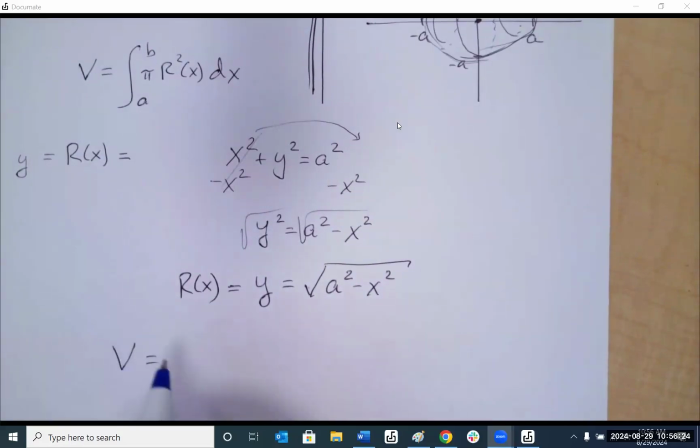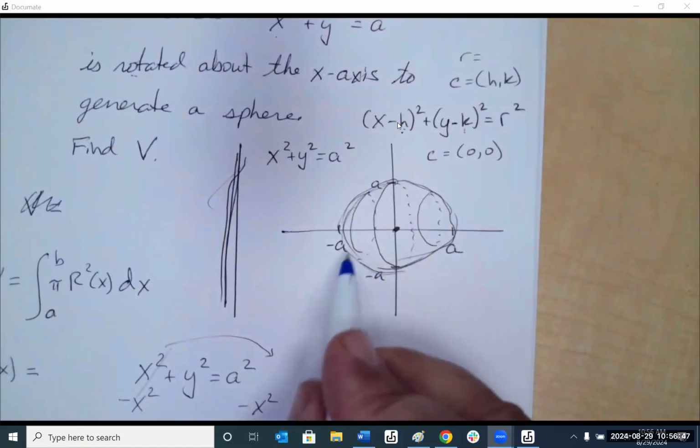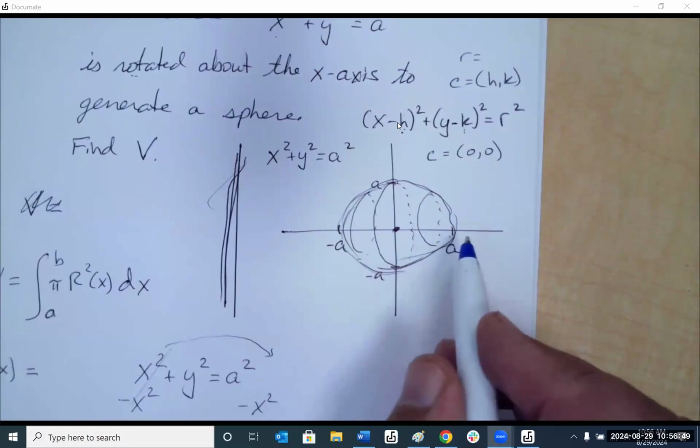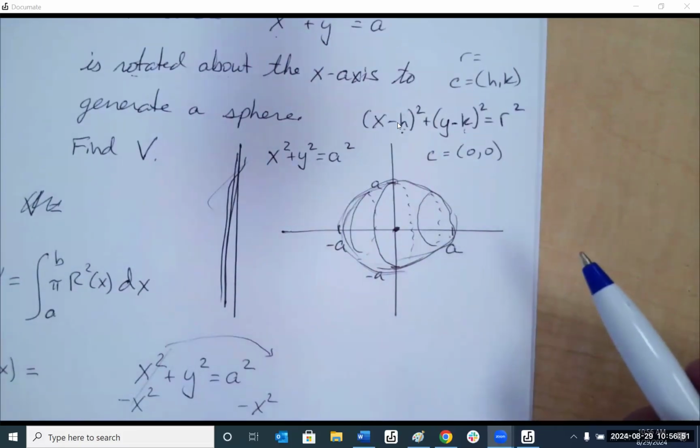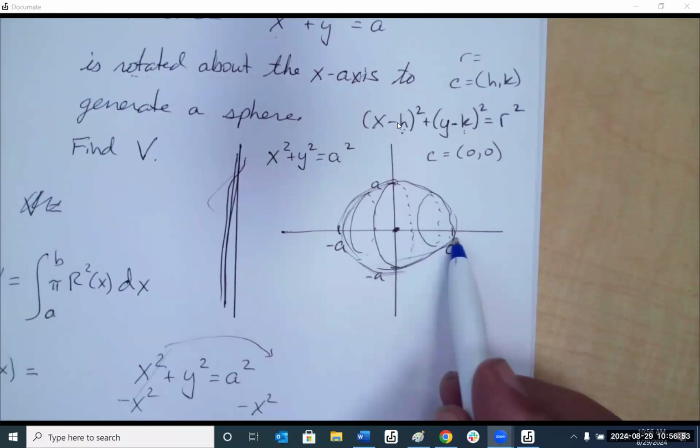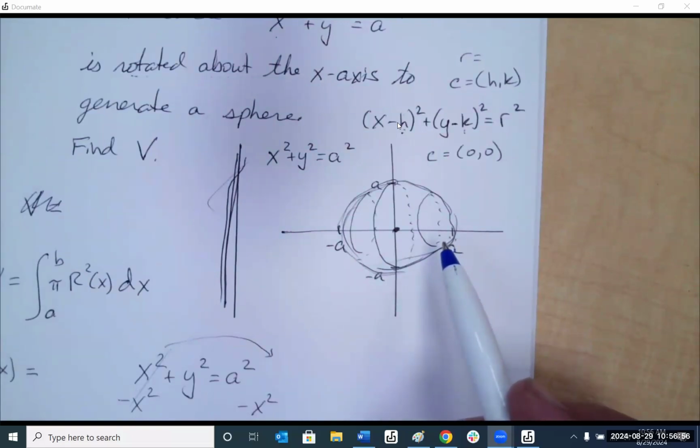So our volume, it's from where to where? What are the bounds of my integration? Right, negative a to positive a, because we start from here and go over here. Because it's symmetric, we could change that later, taking from 0 to a and doubling it.